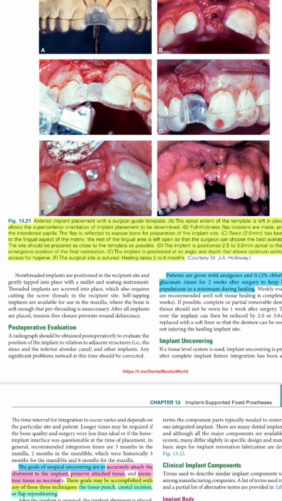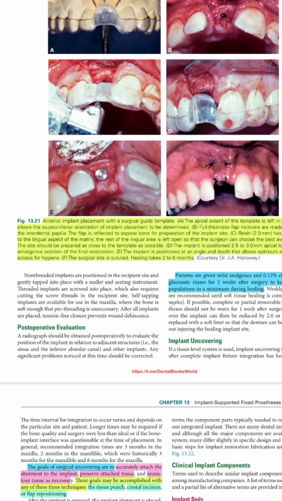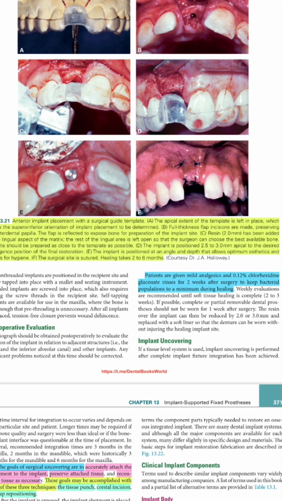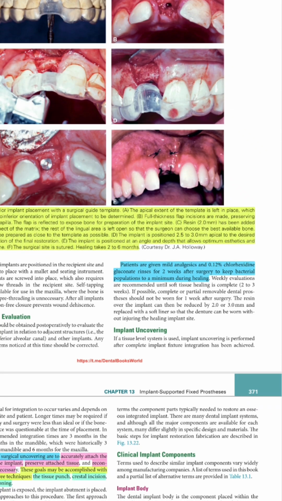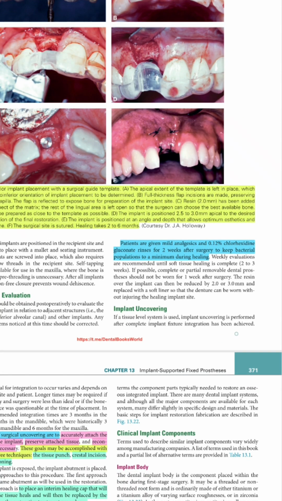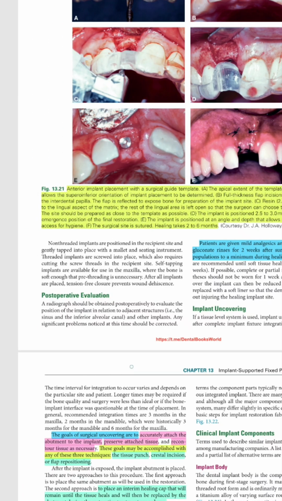In the mandible it is 2 months, and in the maxilla it is usually 3 months. We give the patient mild analgesics and chlorhexidine rinses for 2 weeks after the surgery to keep the bacterial population to a minimum during the healing stage.